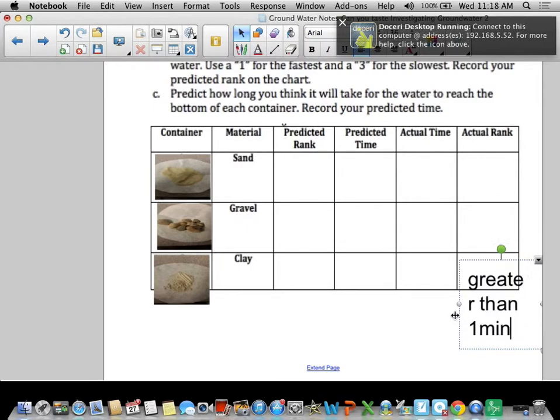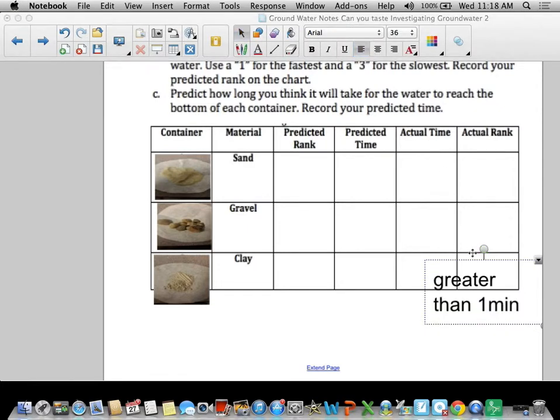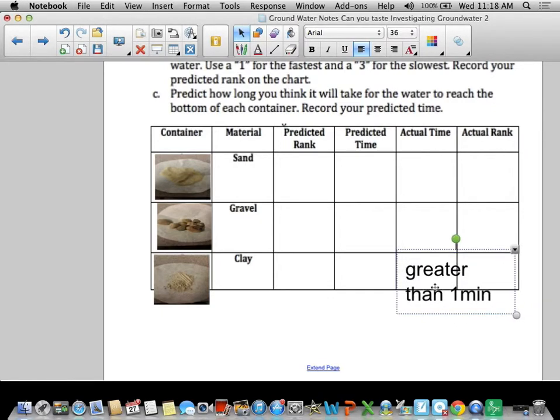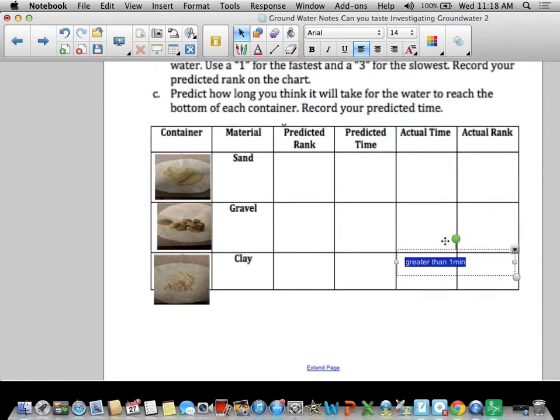Yep, for your clay. Actual time, yeah, not rank, I'm sorry. So this will be greater than a minute.